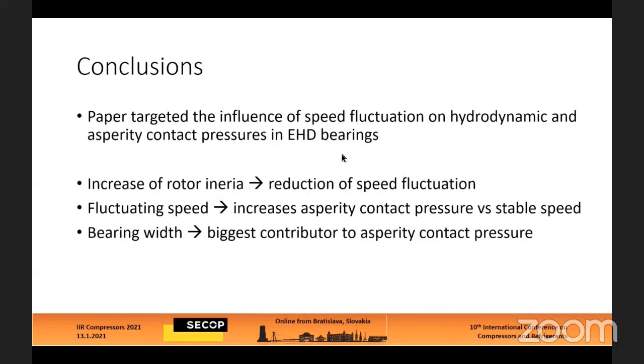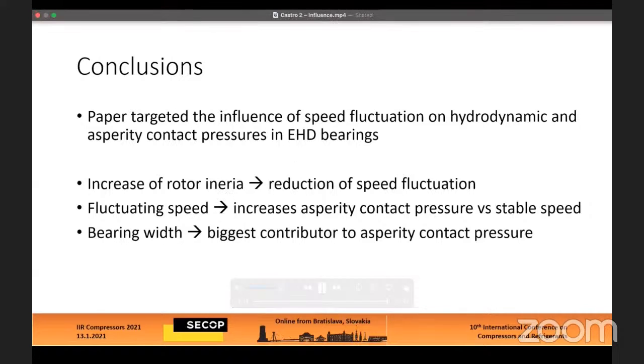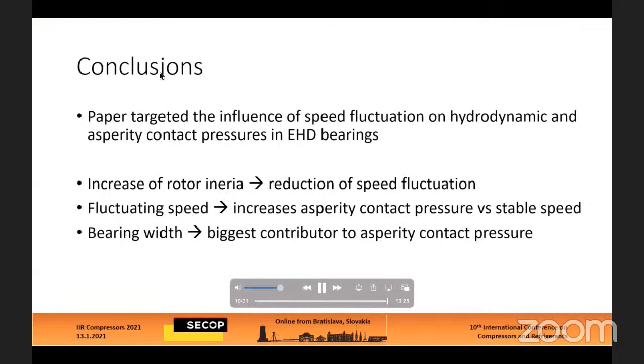In that way, we can have a good prediction and be able to refine and optimize the compressors in a more assertive way, having fewer surprises when going to the experimental approach. And that would conclude our presentation. Thanks for your time, and we are open to questions now.